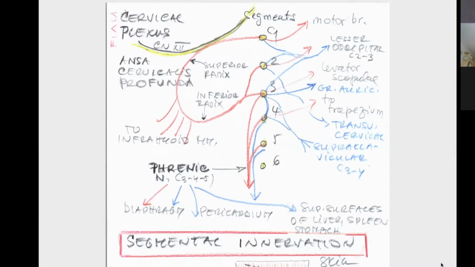Yes, this is that ansa that innervates, as we see the four lines, two infrahyoid muscles. Here we remember that infrahyoid muscles are innervated by ansa cervicalis profunda, while the suprahyoid muscles are innervated by different nerves according to the different development of the nerves, which develop together with their muscles.